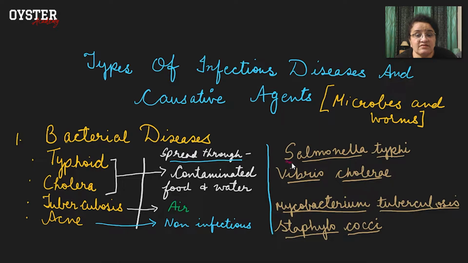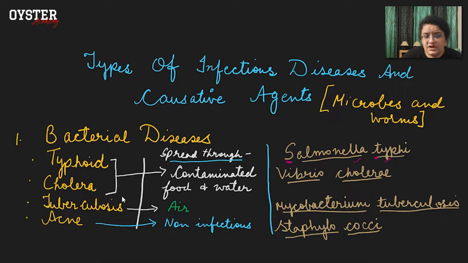See, S I have kept capital and typhi, the second name, with a small letter, and separately they are to be underlined. Same is the case with cholera, which is caused by a bacteria Vibrio cholerae, again separately underlined. Then tuberculosis is caused by bacteria called Mycobacterium tuberculosis, right?